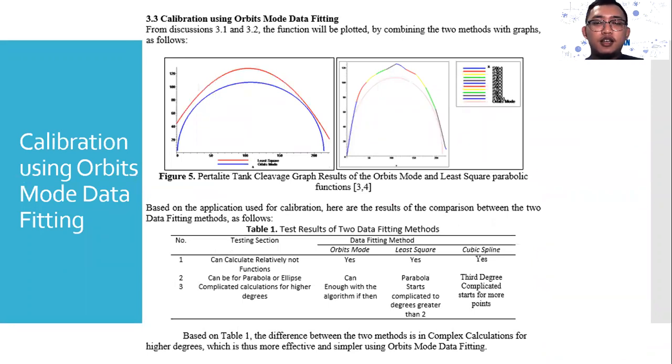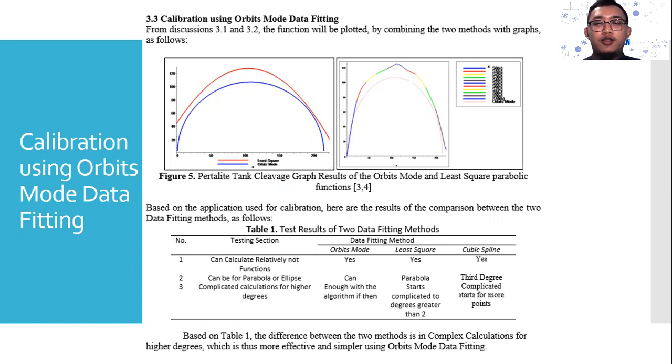Actually it's not a big difference, but least squares and cubic spline are complicated, with degrees of two or more making the calculation complicated. But with orbit mode data fitting, you can just use Excel, and it takes 5 minutes to process the data.